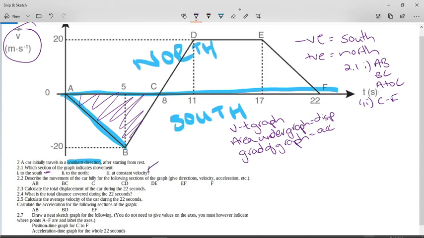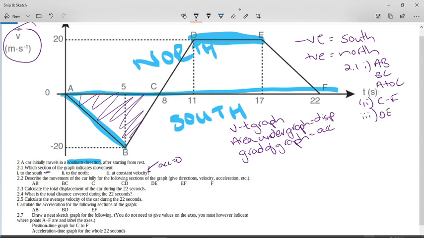So at a constant velocity means acceleration is 0. So where is the acceleration 0 on this graph? The acceleration is 0 over here where the graph is flat. So if you want to answer this question at constant velocity, that will be D to E.